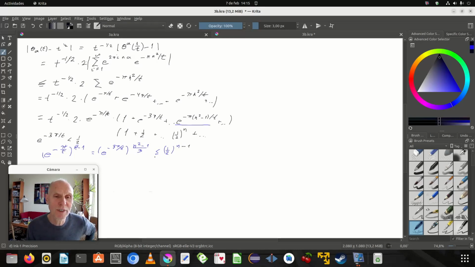The equality holds when it's even. That means that this is smaller than or equal to 2 times t minus 1/2. And this sum gives 2.